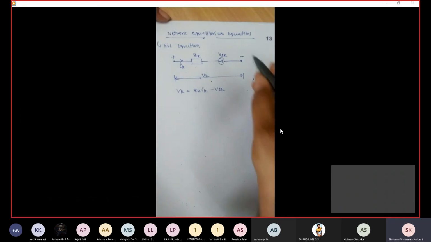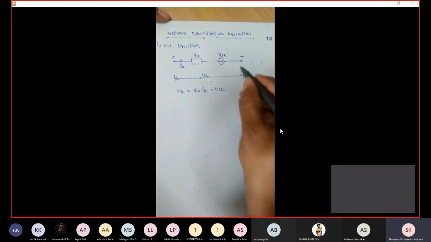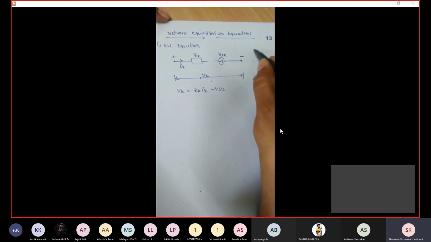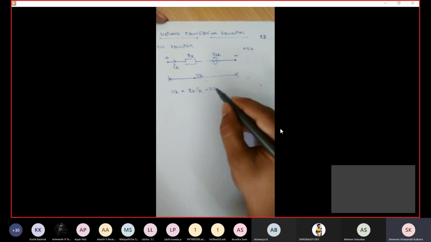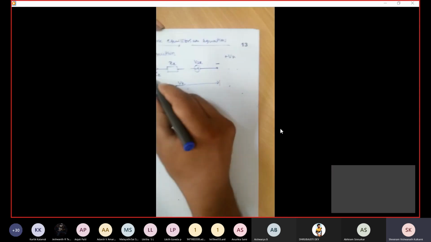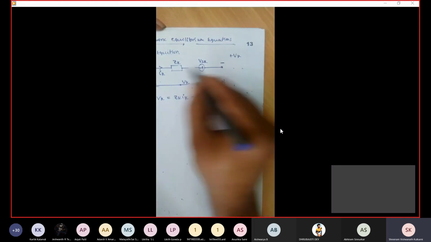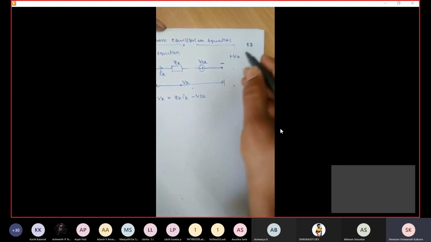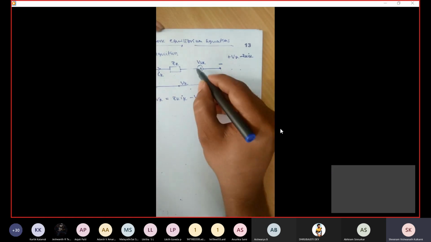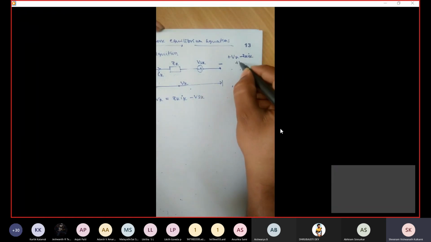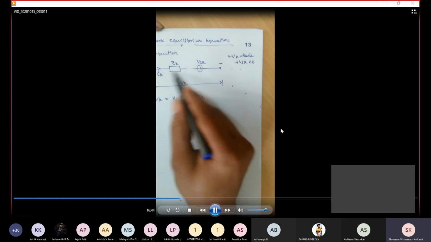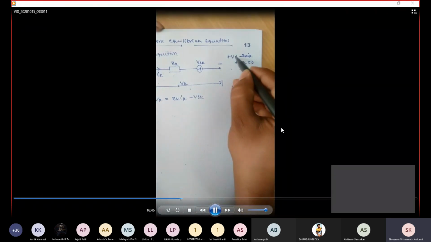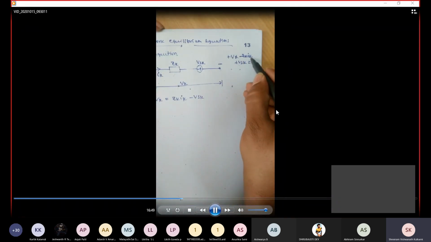First, if I take this path, what am I going to write: plus Vk, then minus Zk Ik, then plus Vsk equals 0. For this path, plus Vk minus Zk Ik plus Vsk equals 0.